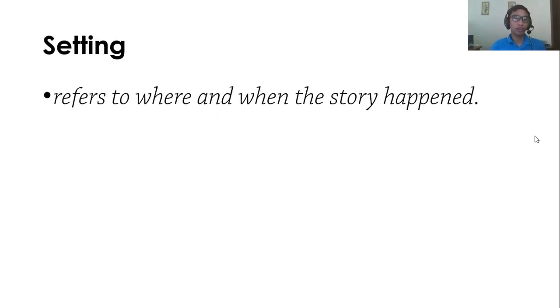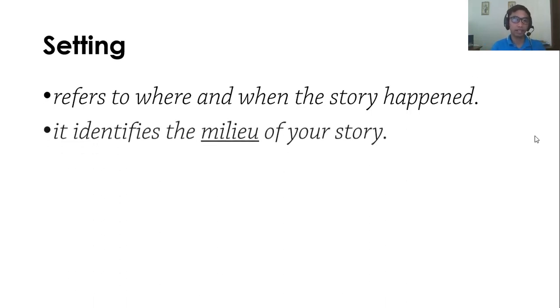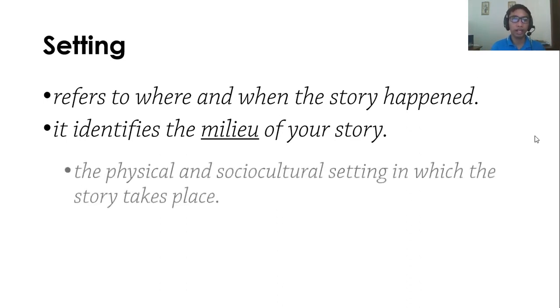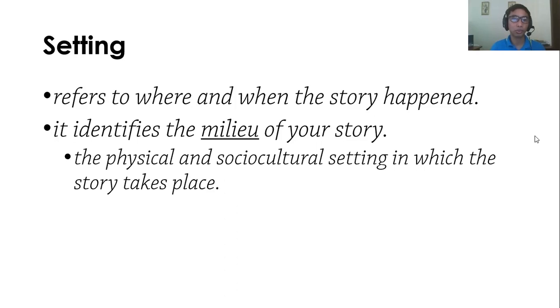The setting refers to basically the where and when the story happened. It identifies as well the milieu of your story. Milieu means the physical and the social cultural setting in which the story takes place. So in the story of a letter, it is in Pangasinan, then Baguio, Manila, and then in America.